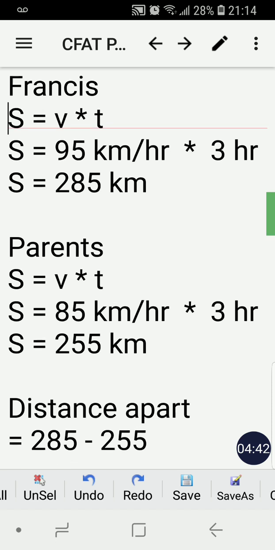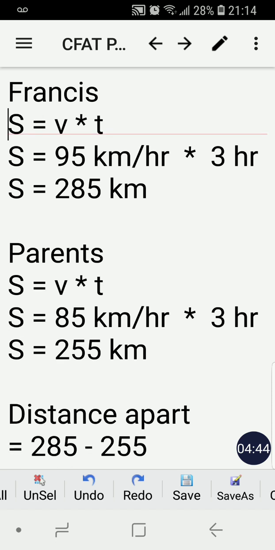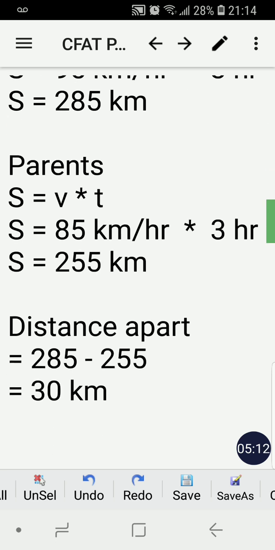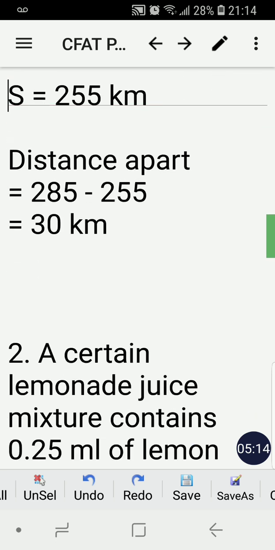So for his parents, S equals VT, same formula. S is equal to 85 km/h, the parents are slower, times 3 hours, same time that elapsed. So the parents covered 255 kilometers. So they are behind. And now we just subtract the difference in distance in order to answer the question.